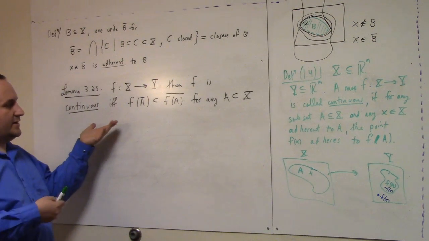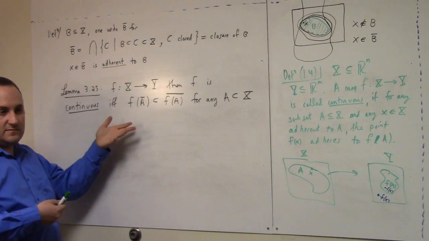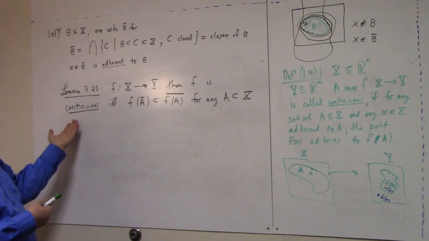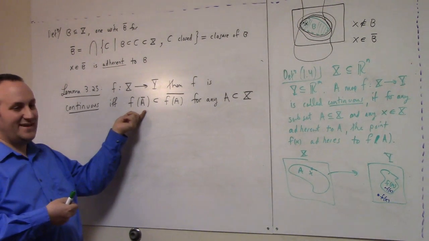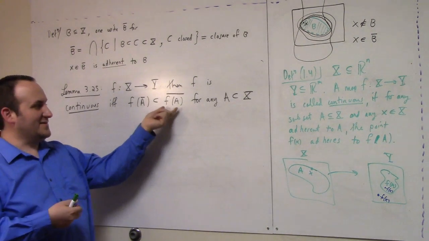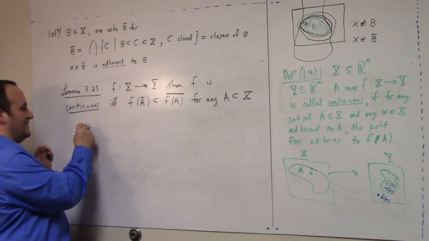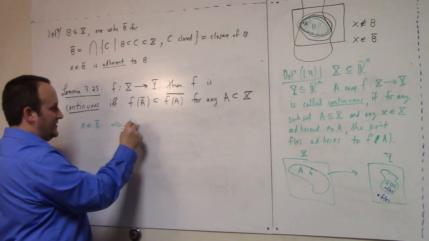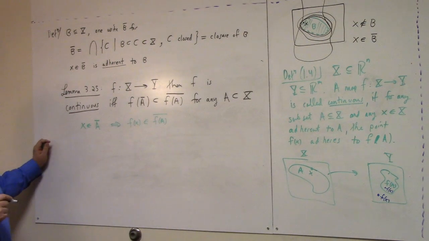Now, on the other hand, we've built up this notion of closure and continuity just in terms of set theory, and it's the same. This lemma says that if x adheres to A, that is, if x is an element of the closure of A, then f(x) is an element of the closure of f(A).